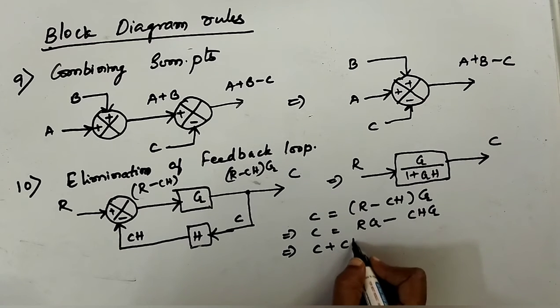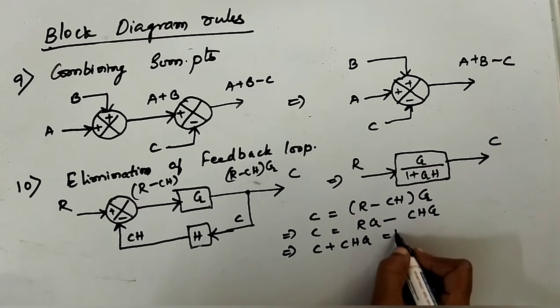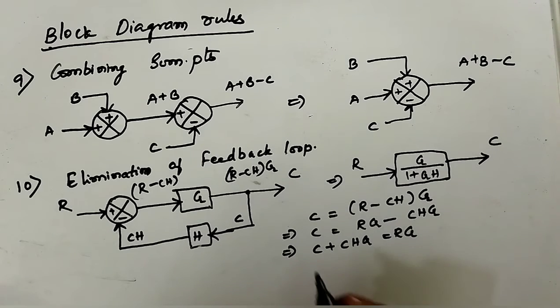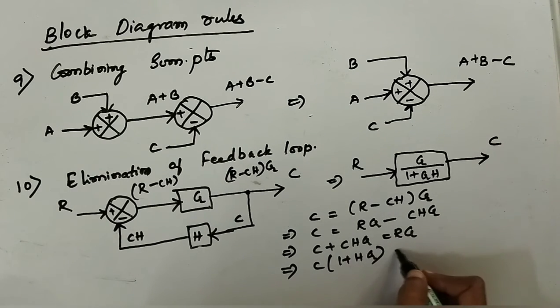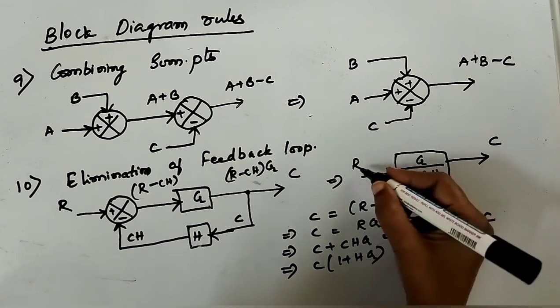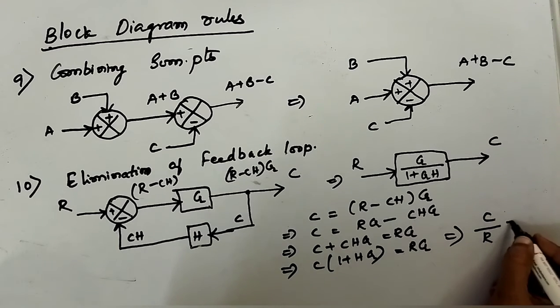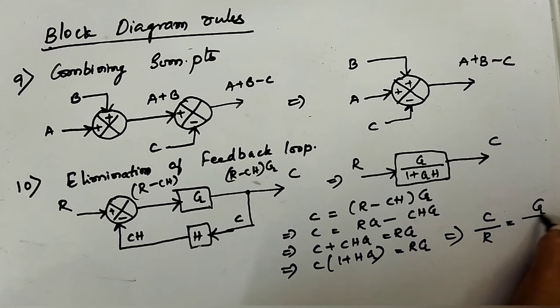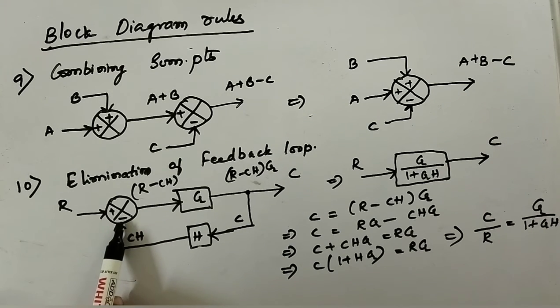C plus CHG will give us RG. C is common, so you get C into 1 plus HG equals RG. Output by input, C by R, is G by 1 plus GH if it is negative feedback.